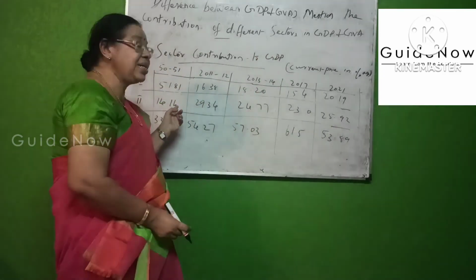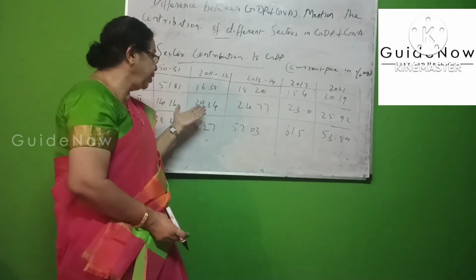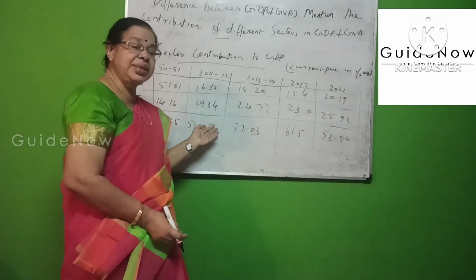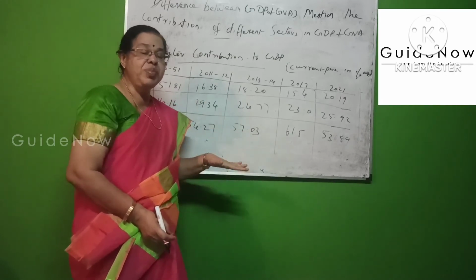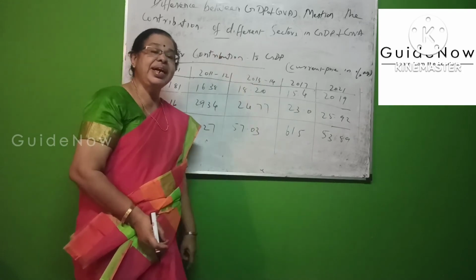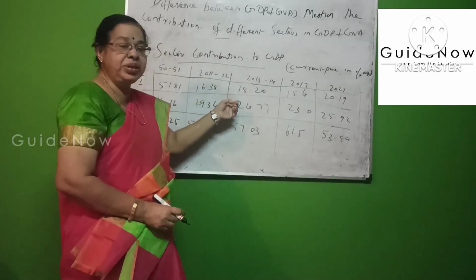But in the secondary, manufacturing sector, the contribution doubled, 29.34. The service sector also increased to 54.2. So there is a good performance in the service sector, and a steady decline in the agriculture sector, equal to 16.38.